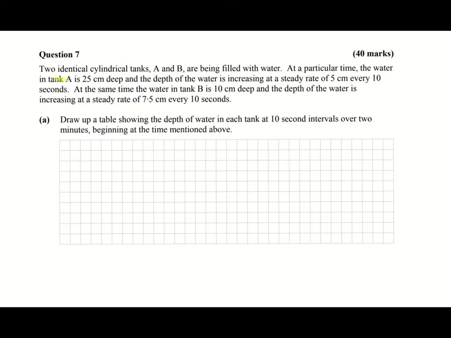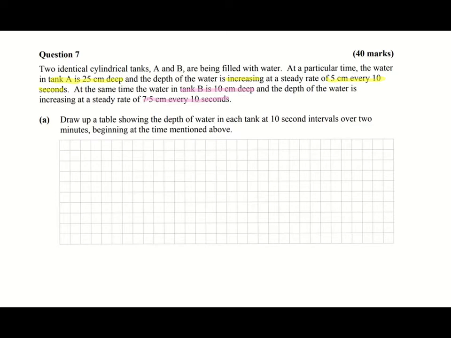Tank A had two important numbers: 25 centimeters deep, and it was increasing, so plus 5 centimeters every 10 seconds. Tank B is 10 centimeters deep water, and it's increasing at a rate of 7.5 centimeters every 10 seconds.